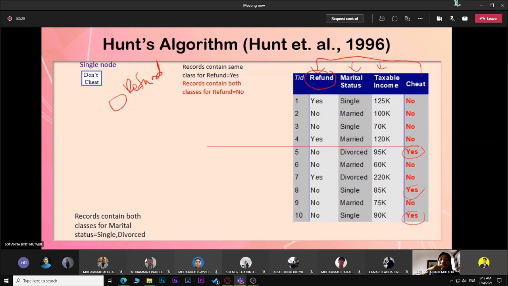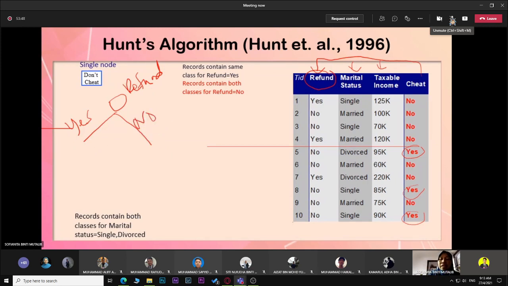Can you see? So what are the values of Refund? Yes and no. So we make branches like this. Can you do it?